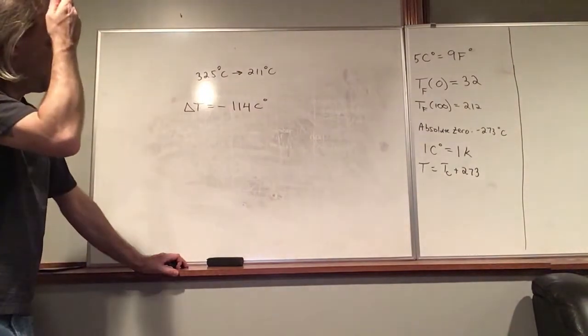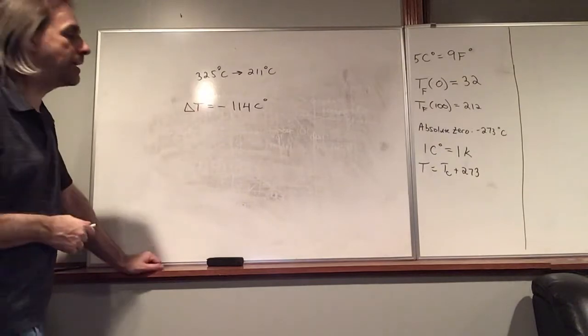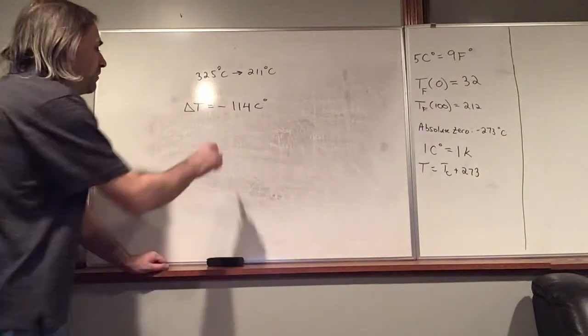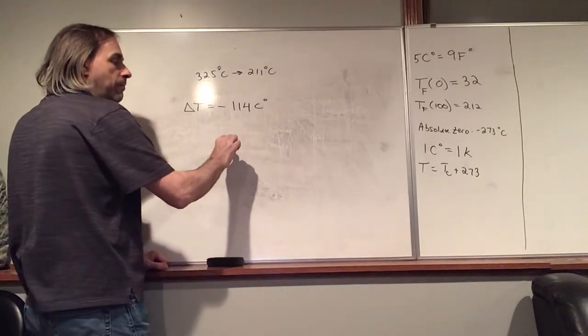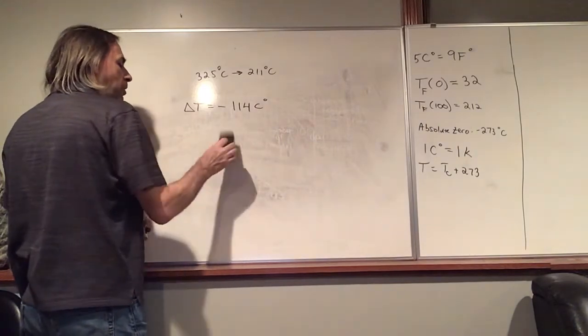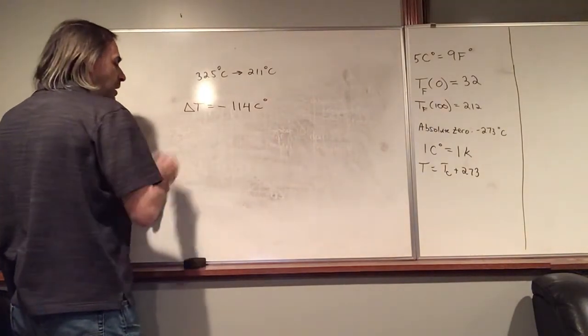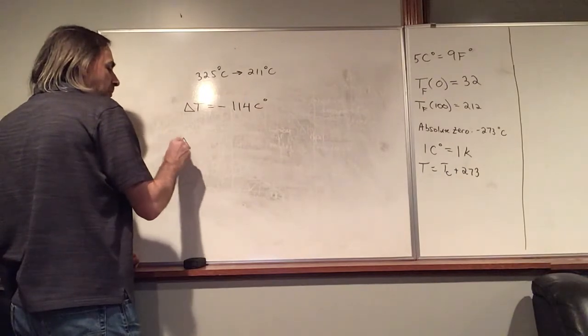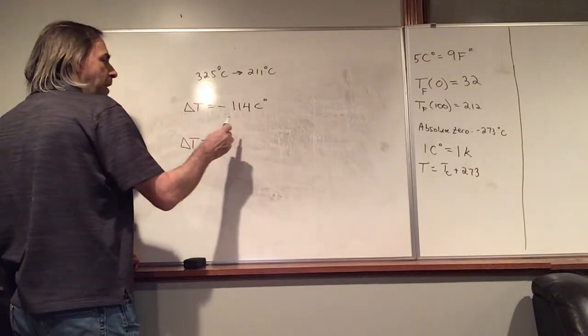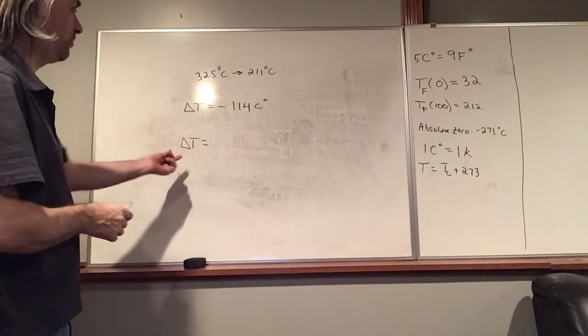So if we decided to be careful and convert these to Kelvin, let's add 273 to each of them. Maybe it'd even be more instructive if we just wrote it out. So if we convert to Kelvin, delta T would be our change.